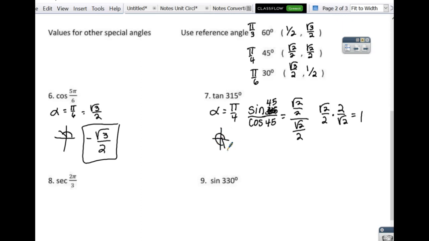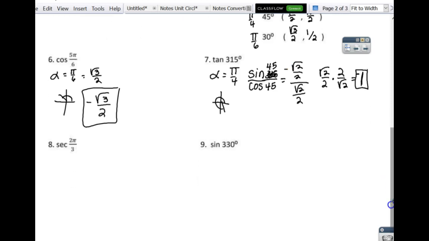So if I look at my value here, the x is positive, but the y is negative, so my answer has to be negative. So you have to start with the reference angle, you find the value, and then you have to decide whether it's positive or negative.